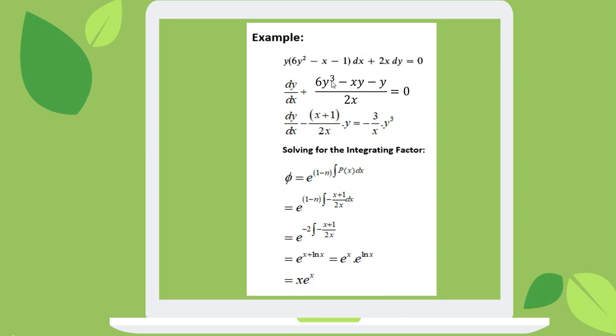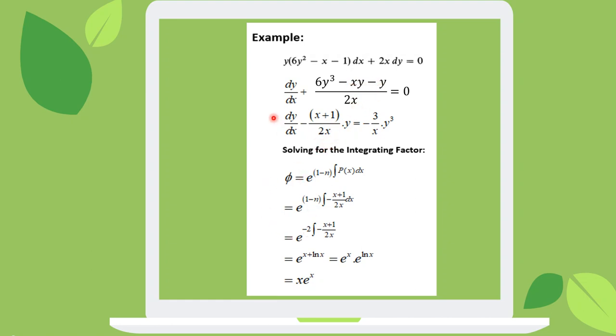So if you're going to transfer this expression, 6y cubed divided by 2x, to the right side, that should be a 3y cubed over x. So a negative because it's coming from this side transferred to the other side. Now this one would be negative. We factor out the common y. That's the common y. And the factor would be x plus 1 and still the divisor 2x.